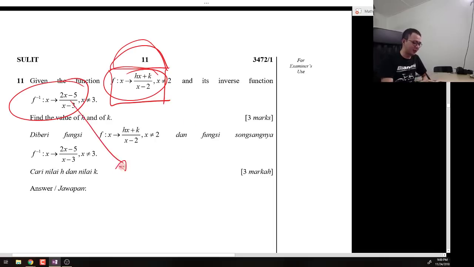Alright, so this one I'm going to make become f(x). You know how to make f(x) become f inverse, right? If you want to make the f inverse back into f(x), same concept. So I will let f inverse x equal to y.